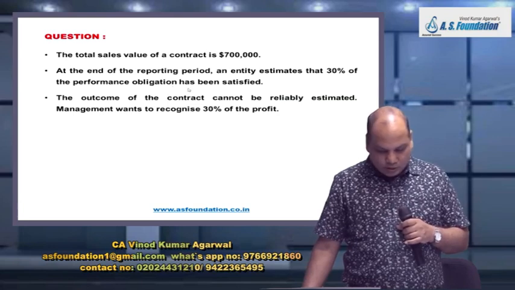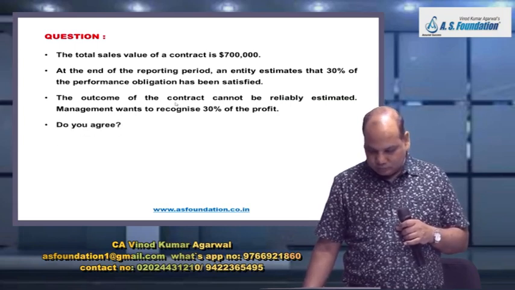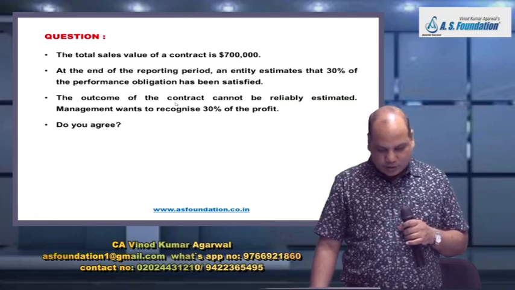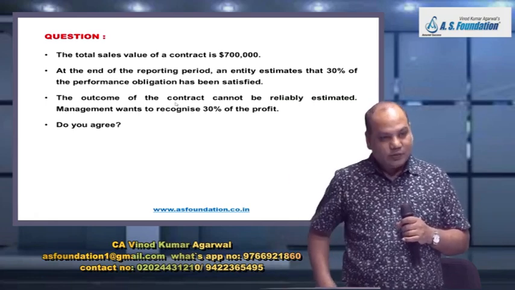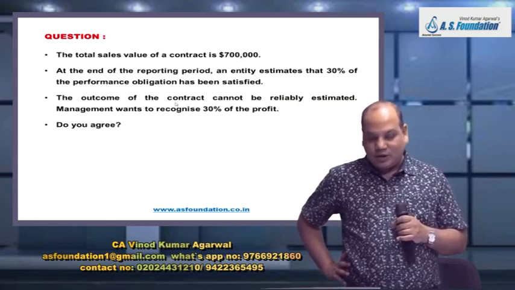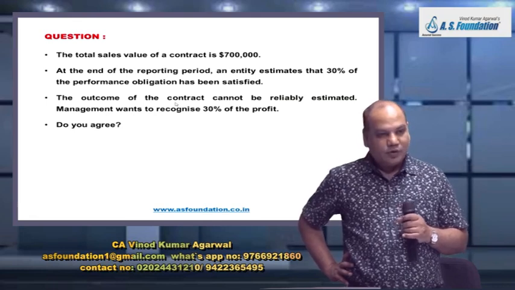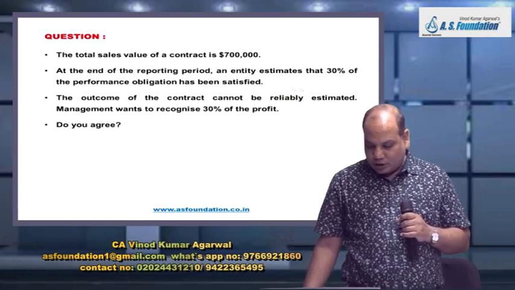Is this example there? Somewhere below? Not below also. Okay, we'll just discuss on the screen. Not very important, very easy. Total sale revenue $7 lakh. At the end of the reporting period, an entity estimates that 30% of the performance obligation has been satisfied. The outcome of the contract can be estimated reliably.